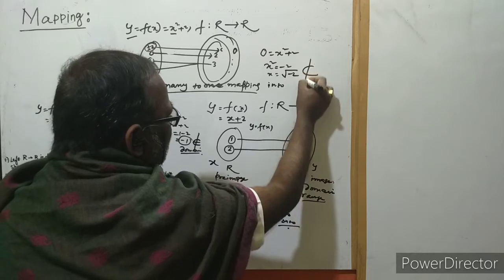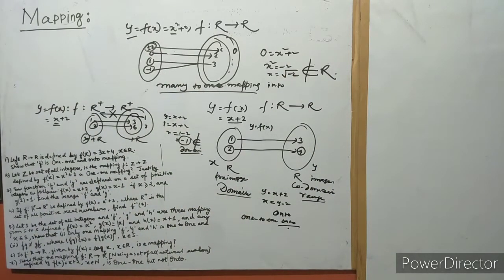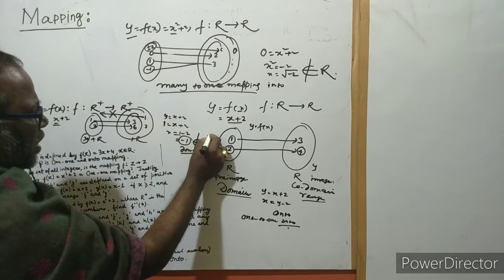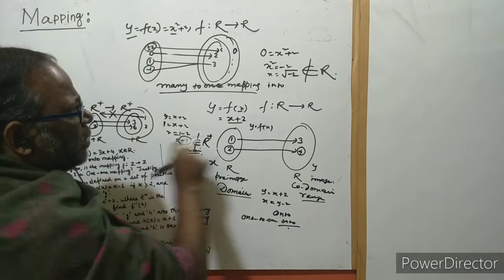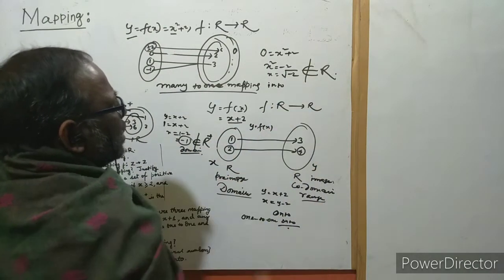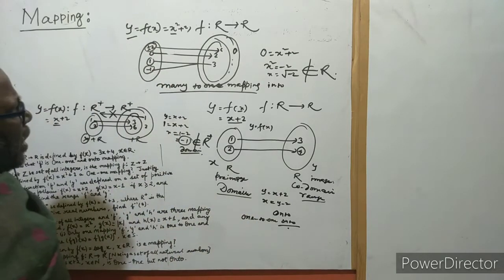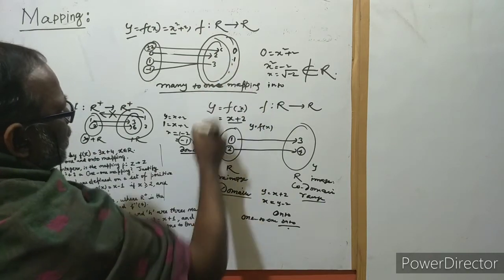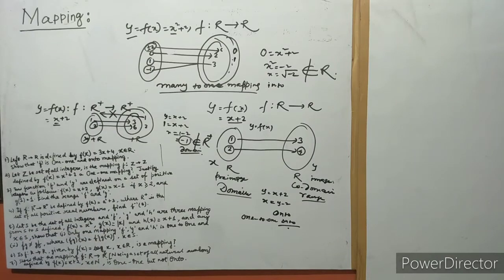But this is not a real number. This is not a positive real number. Here, this is complex. So we don't get values like 0, like 1. Okay. So this is called the into mapping.